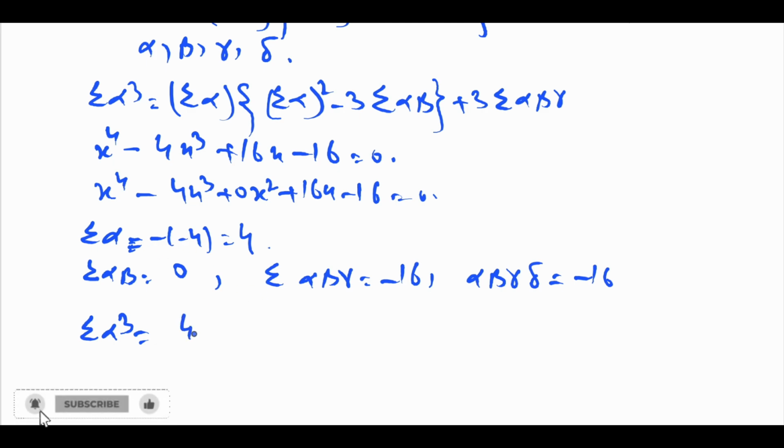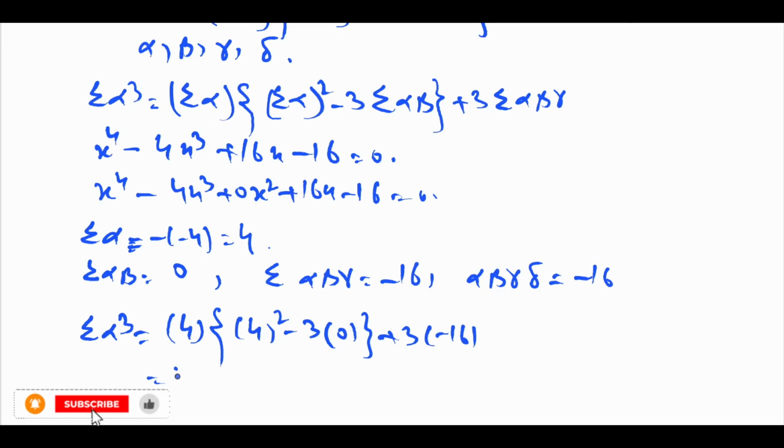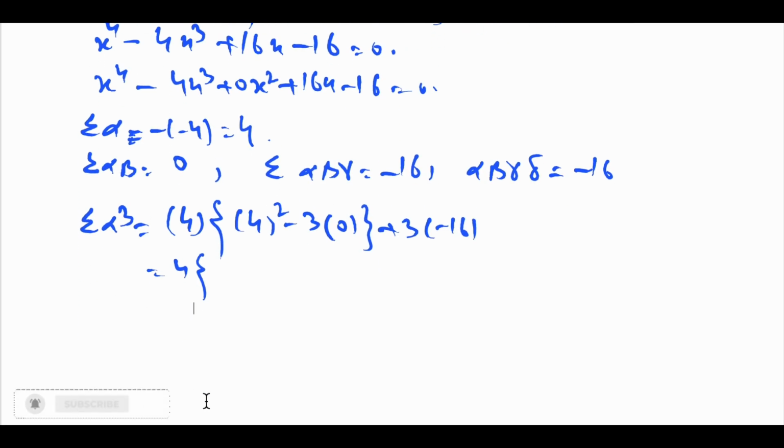Now if I put in the values, sigma alpha cubed will be sigma alpha, which is 4, times sigma alpha squared, which is 4 squared, minus 3 sigma alpha beta, which is 0, plus 3 sigma alpha beta gamma, which is minus 16. So 4 squared is 16, minus 0, minus 48.